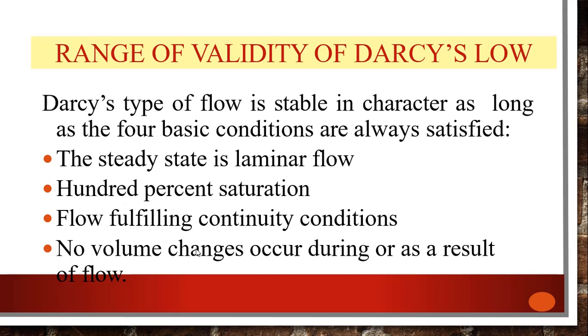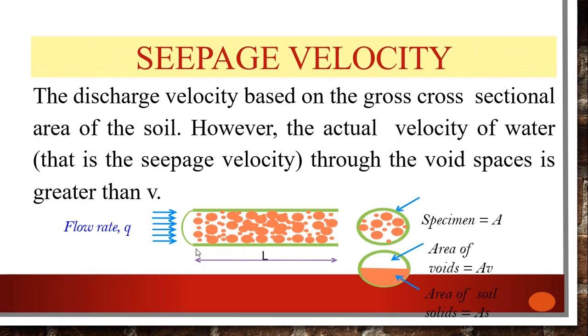It means there should not be any air. Flow fulfilling the continuity equation. No volume changes occur during or as the result of flow. There will be no changes in the volume when the fluid flows from higher energy to lower energy.